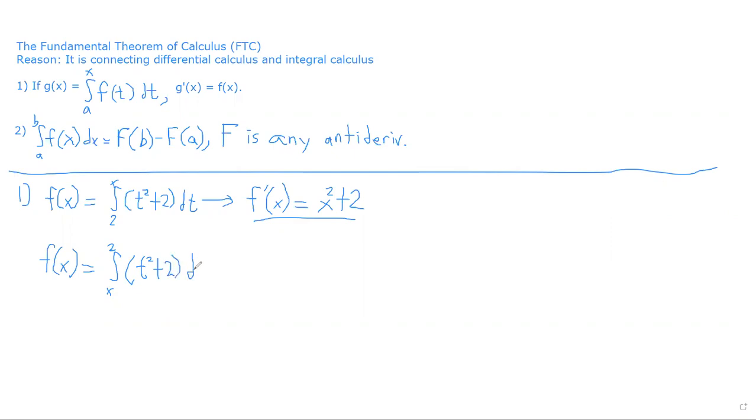You're just going backwards, so the derivative would just be negative. It would be negative x squared plus 2.